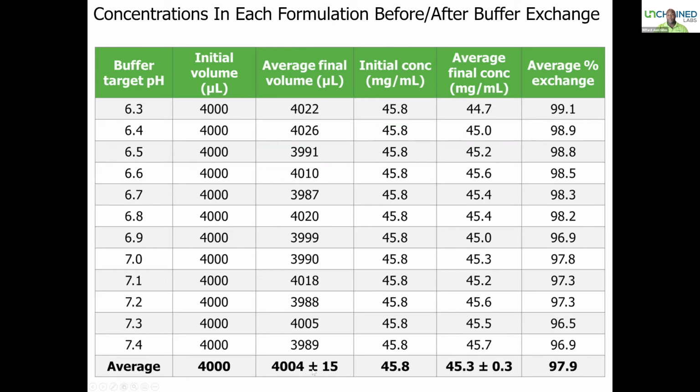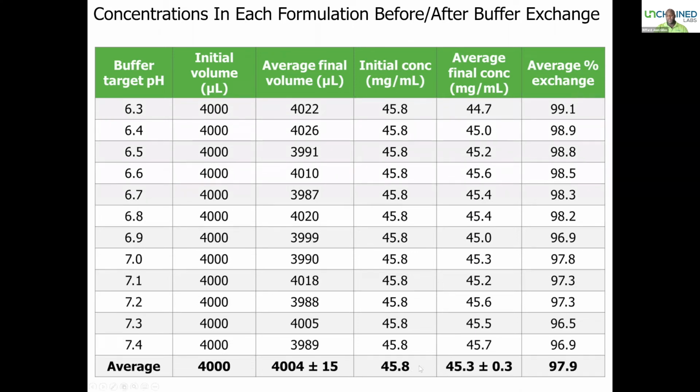So less than 0.01% difference relative to our target. The initial concentration for the samples was about 45.8 mg per mil. And you can see that at the end, we are very close to that at about 45.3 mg per mil. So again, well over 95% sample recovery is typical for those runs.